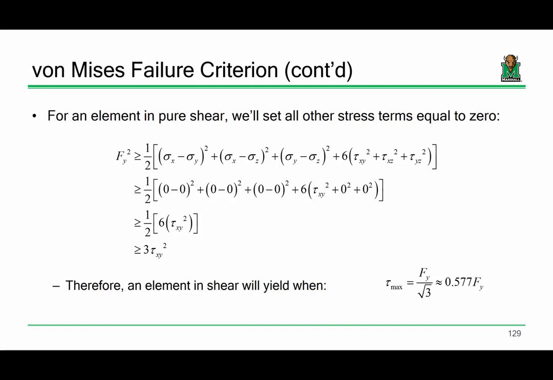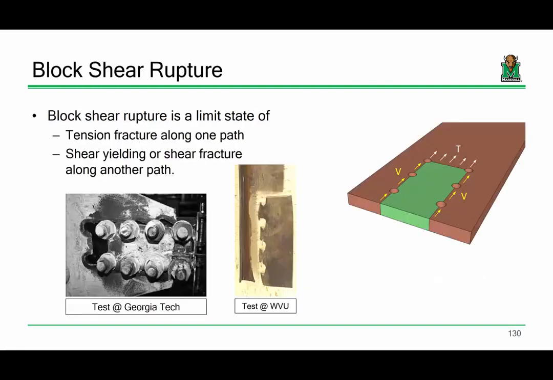So if you open the manual to any limit state related to failure in shear, it's funny how a 0.6 shows up every time. The reason is that under shear, steel fails at around 60% of the yield stress, or specifically 57.7% of the yield stress. I'm showing you this because I want you to recognize where this value comes from when you see it show up.